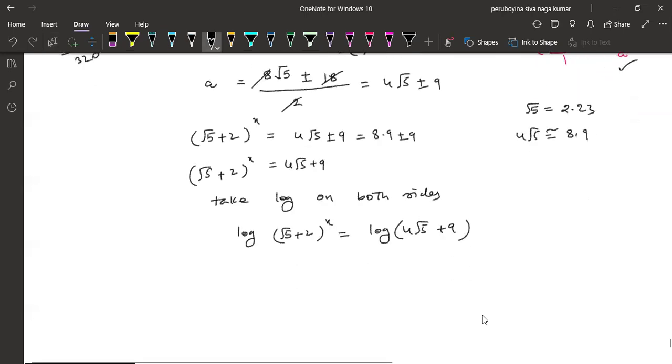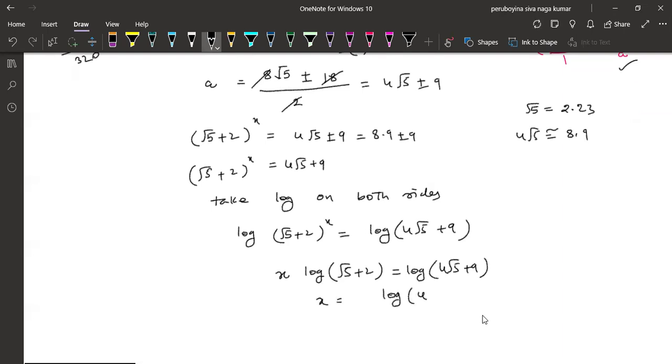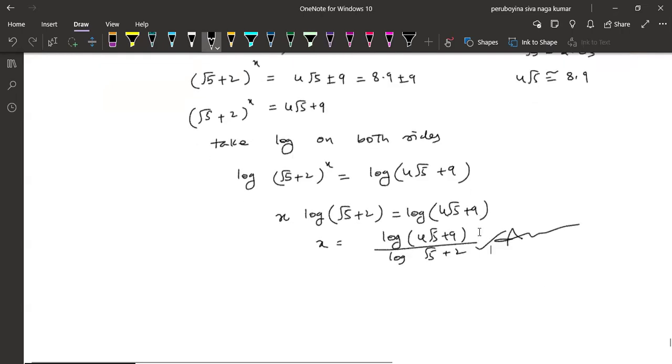According to the logarithmic rule, x into log of (root 5 plus 2) is equal to log of 4 root 5 plus 9. So x is equal to log of (4 root 5 plus 9) divided by log of (root 5 plus 2). Of course, that is the answer. You can work out this value, or keep the logarithmic terms. Understood?